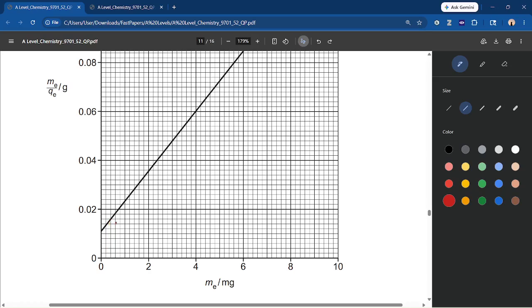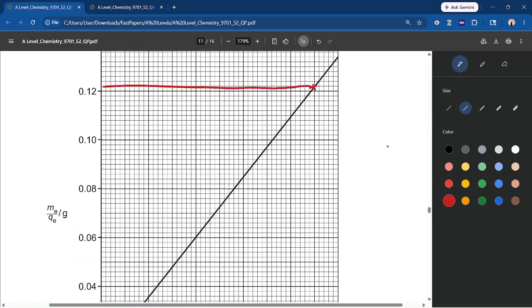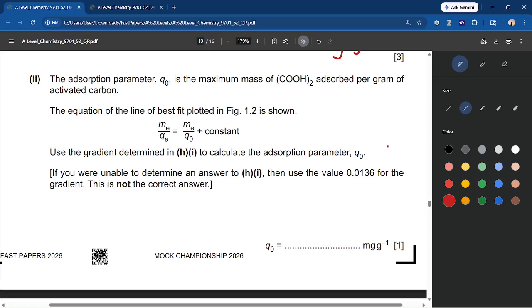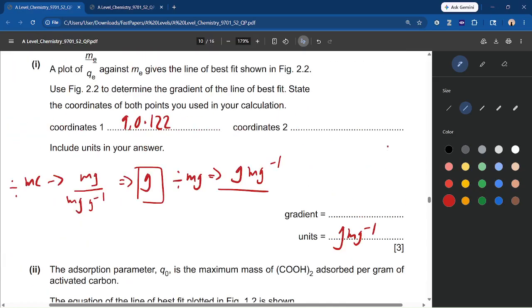You can take this one actually. So this is 0.6, and this is 0.018. So we're going to go up, and we're going to write 0.6 and 0.018.